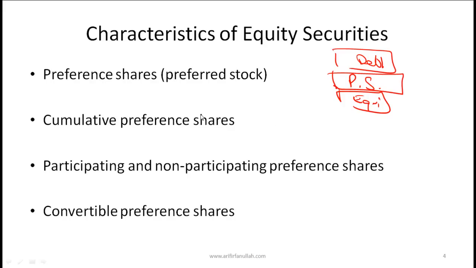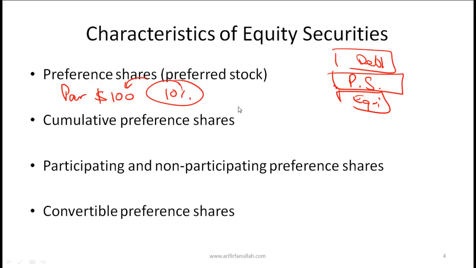A common situation with preferred shares is that they are issued at a certain par value of say $100, and then a fixed preferred dividend of say 10% is declared, which means that investors who invest in preference shares will get 10% of 100 as their preferred dividend.